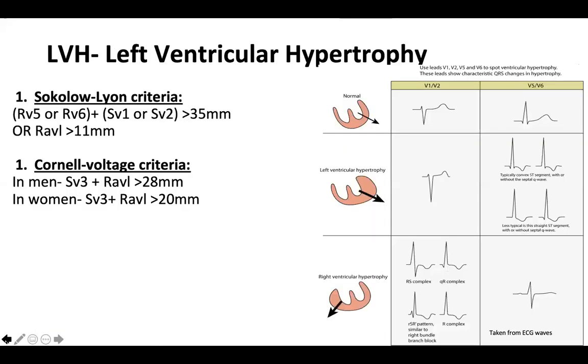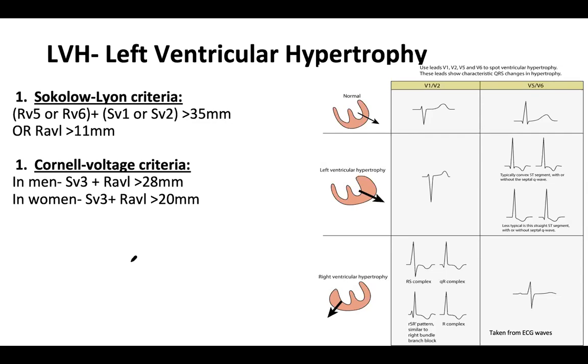I think I'll just go through hypertrophy quickly. For left ventricular hypertrophy, it's quite important because a lot of patients come in and they have hypertension, and then you can see LVH on the ECG. There are 2 different criteria you can use, the Sokolow-Lyon criteria or the Cornell voltage criteria.